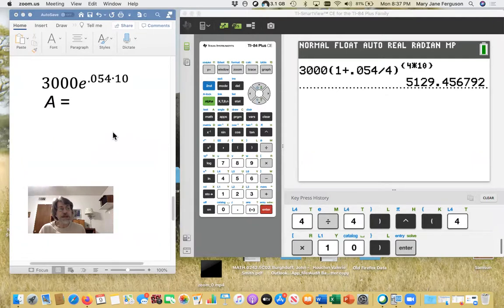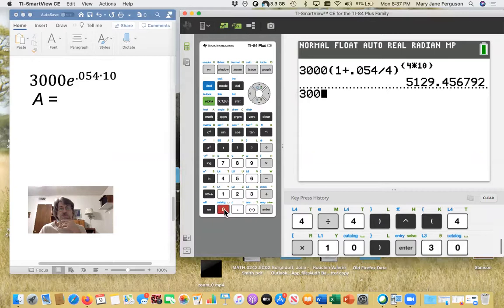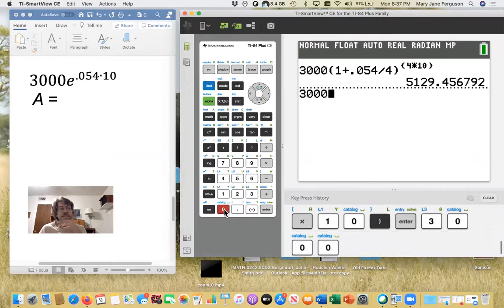Here's the exact calculation that we wanted to do: 3,000 e to the 0.054 times 10. Entering this into the calculator is easy too. 3,000. And then to get the e to the x, that is a second function feature on the natural log button.